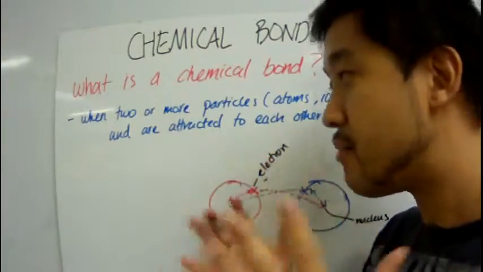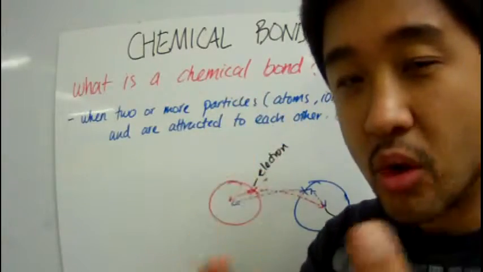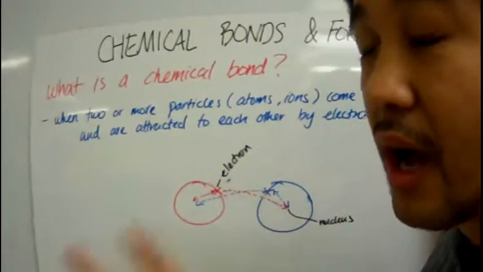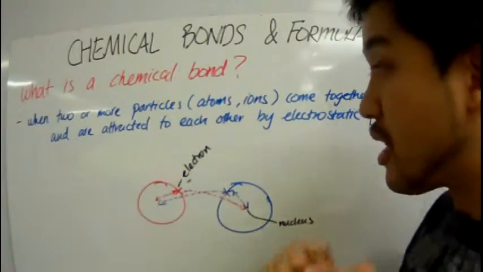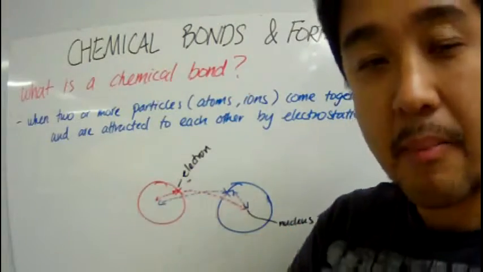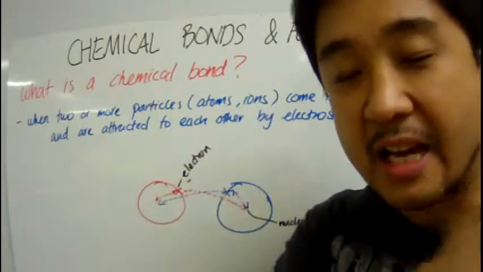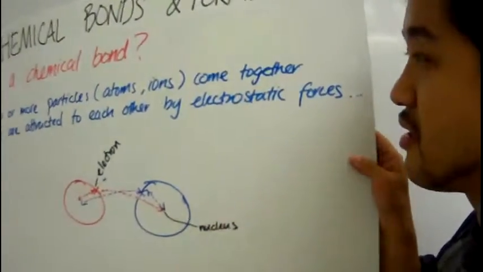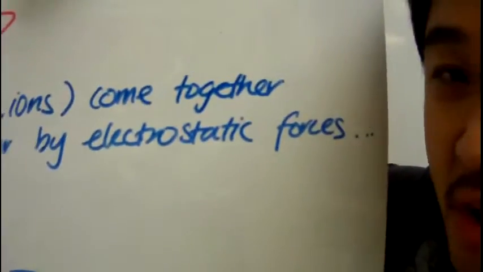A chemical bond is when two or more particles, either atoms or ions, come together and are attracted to each other by electrostatic forces. Whoa, electrostatic forces. What is an electrostatic force?